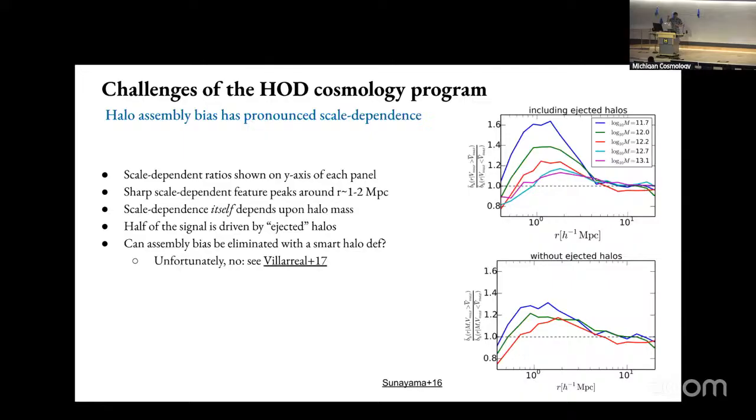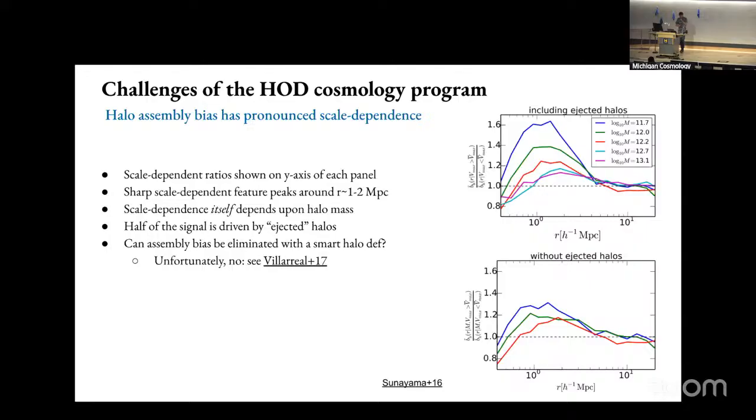And that scale dependence itself depends on mass. When this y-axis is positive, it means that high Vmax halos cluster more strongly than low Vmax halos at the scale in question. For me, it's this scale-dependent result that makes it seem kind of hopeless to have an analytic fitting function that can describe all of these different secondary halo property dependencies, including the scale dependence, which has this complex behavior.